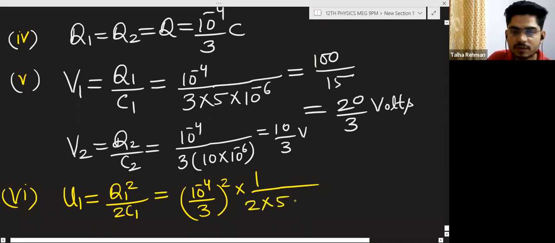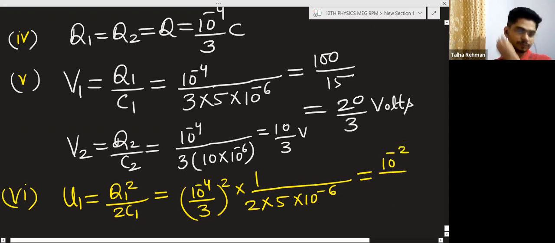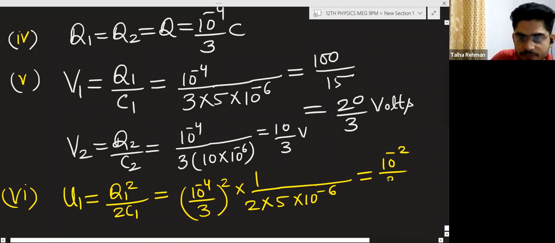C1 is 5 into 10 to the power minus 6. When you calculate this, this will become 10 to the power minus 2 divided by 90 joule.